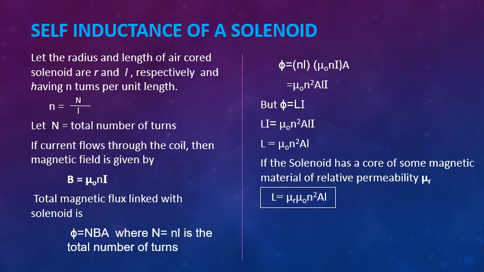This is the expression for self-inductance of a solenoid. Note that if the solenoid has a core of some magnetic material of relative permeability mu R, then the self-inductance L is equal to mu R into mu naught n square A l.